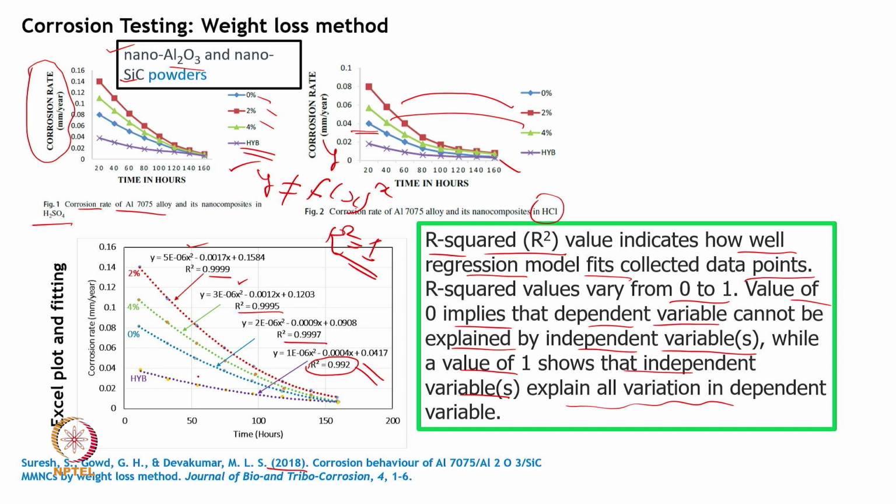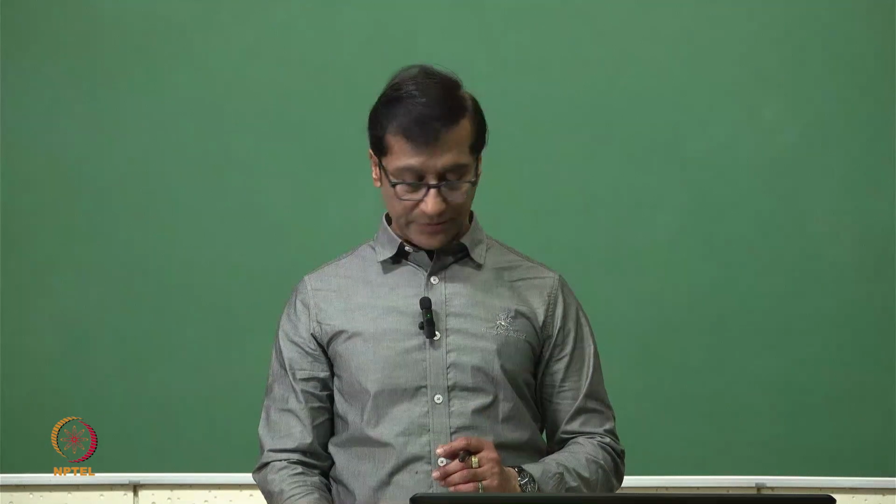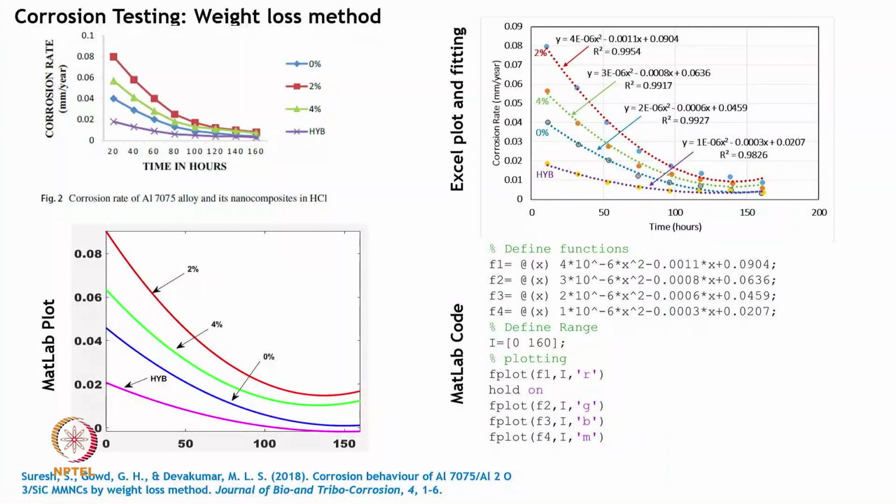Once we have this digitization, we can get 100 data, 1000 data from this graph itself. It has also been shown that the corrosion rate in HCl is almost 50% compared to the sulfuric acid. Obviously the sulfuric acid corrosion rate is much faster, at a higher rate compared to HCl.